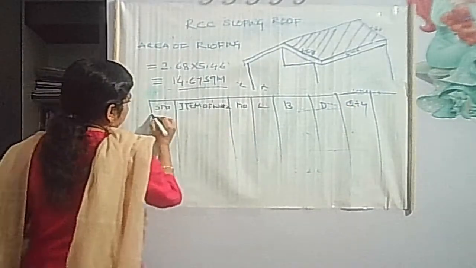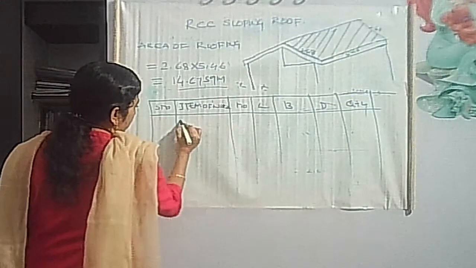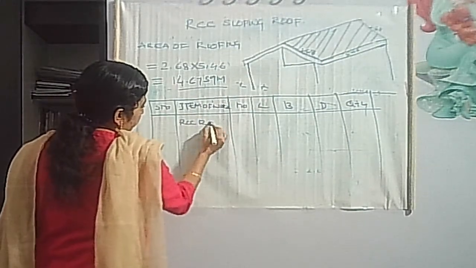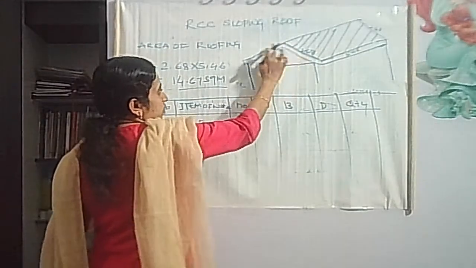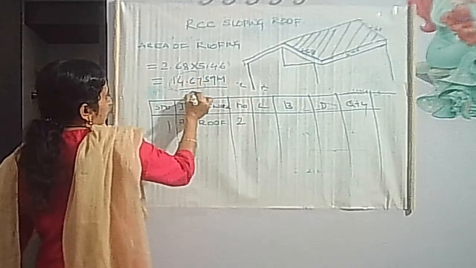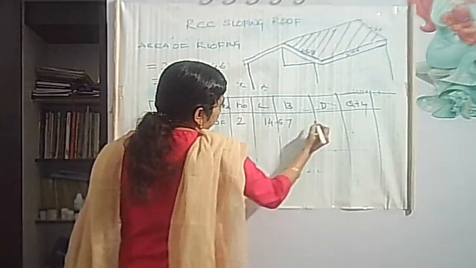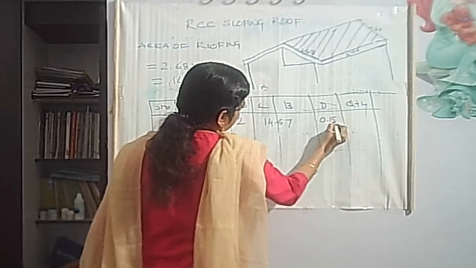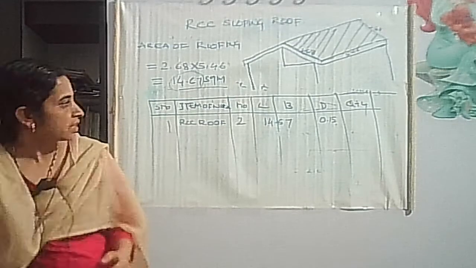So, I am just calculating for RCC roof. Okay. You have two such rectangles, so I will write 2. Your length into breadth you have got as 14.67 and thickness of the roof is 0.15. So, this way you are calculating for the RCC roof.